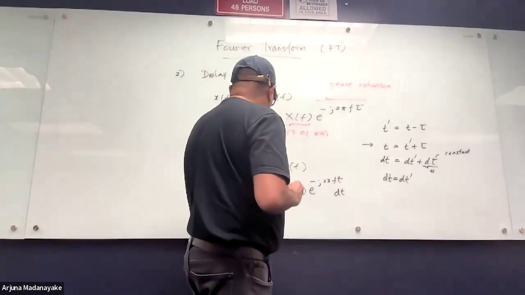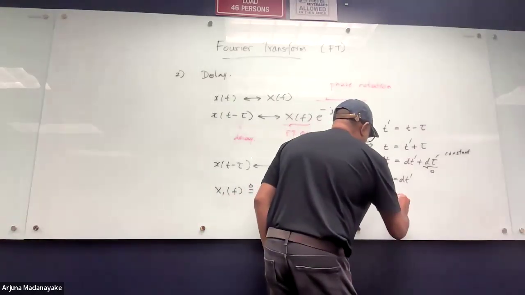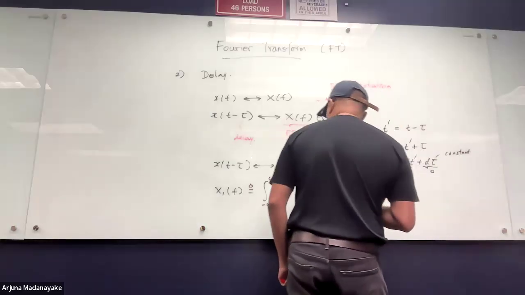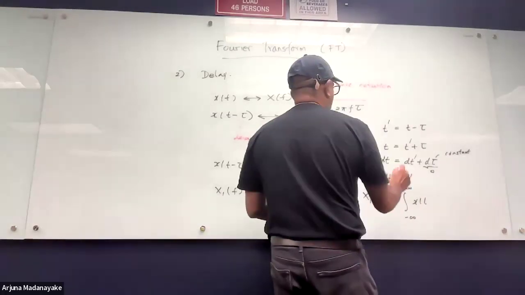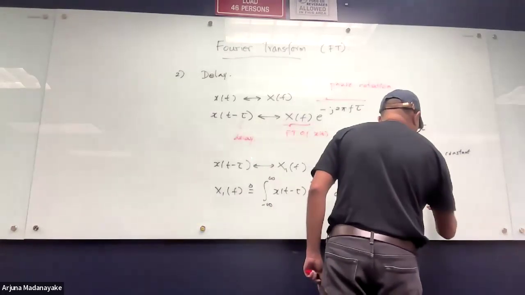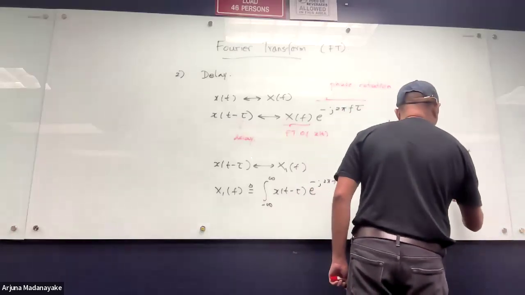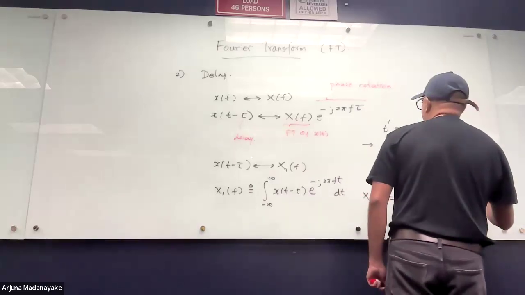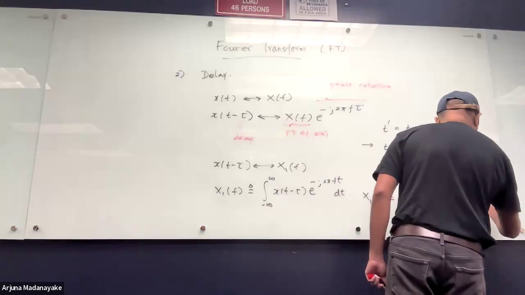I can plug into the equation, and I get X1 of f is equal to the integral of x of t dash times e to the minus j 2 pi f (t dash plus tau).